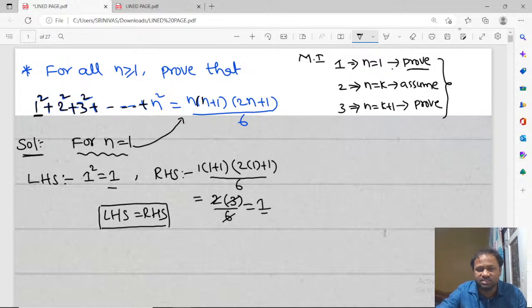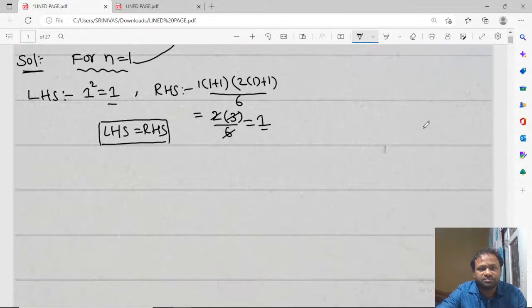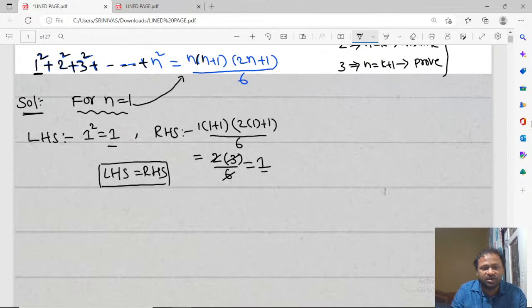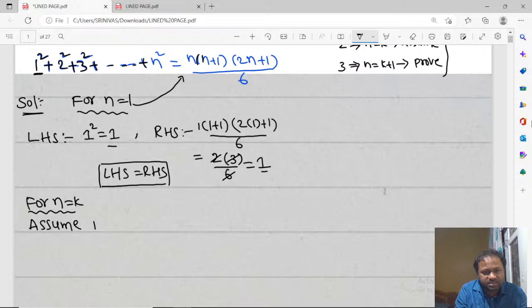It is very easy. Now for n is equal to k, let us assume this is true for n is equal to k.